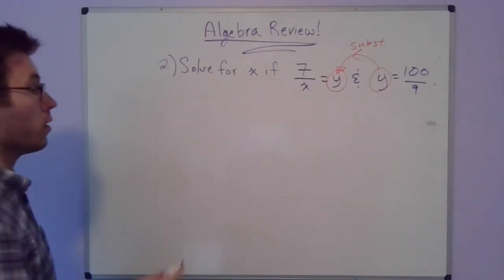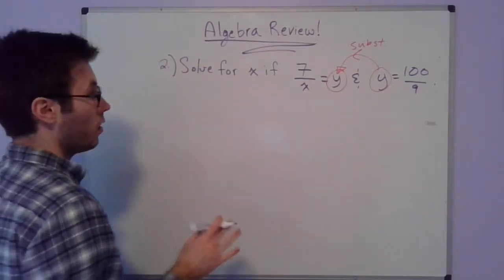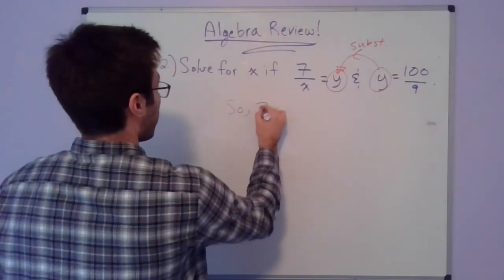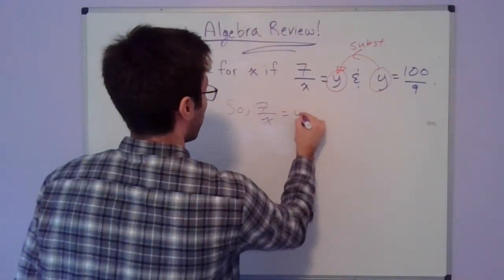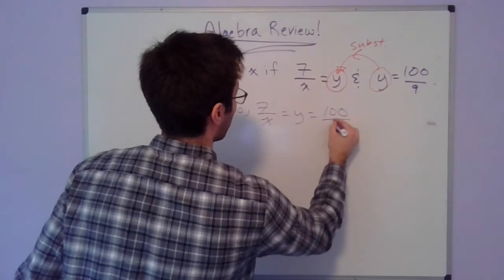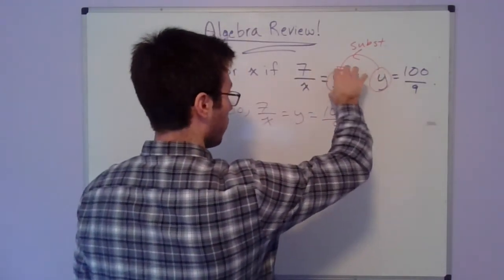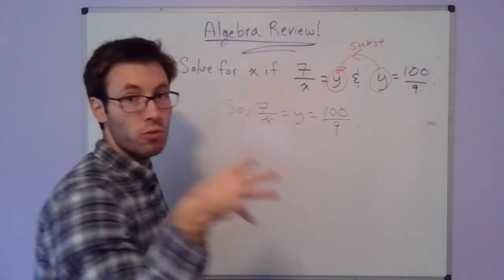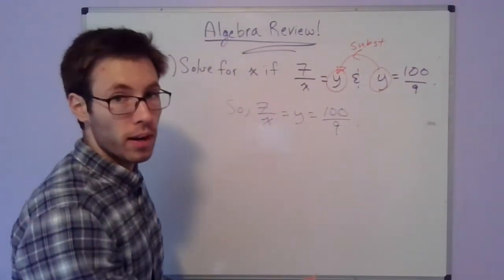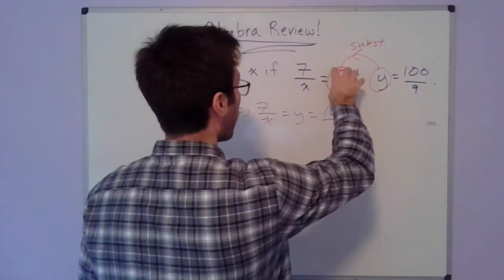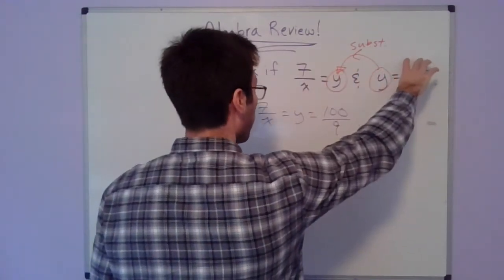A lot of times what you'll see is that people will try and blend it all together. When you substitute, you want to be deliberate. You want to say y is no longer y. y is 100 over 9.